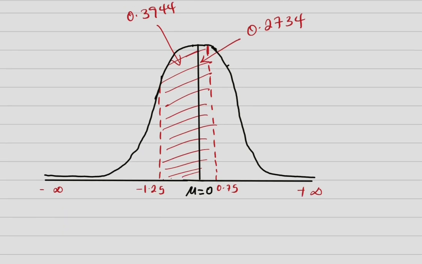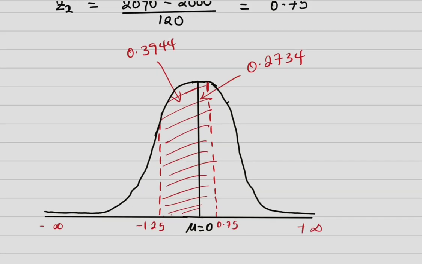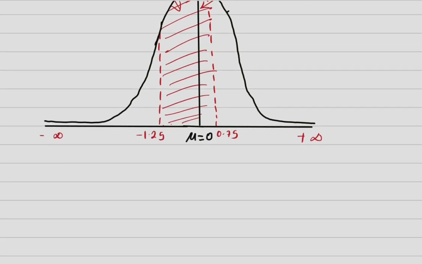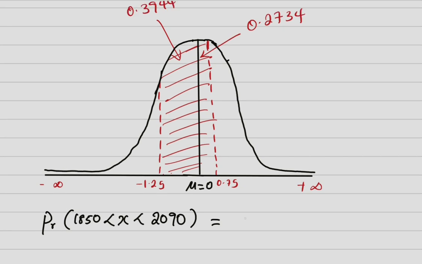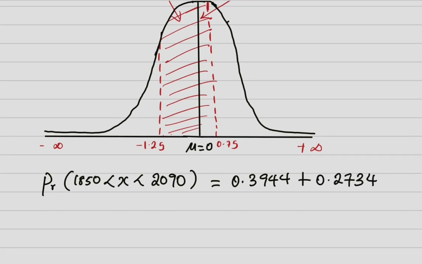Now, since we have this, and from the curve, it has clearly shown to us that what we need is to add, then the probability for having our x greater than 1850 and less than 2090 will actually be the summation of 0.3944 plus 0.2734. And if we do this, of course, we have 8, then we have 7, and we have 6, and we have 6, then 0 point. So this is what we have as our answer.